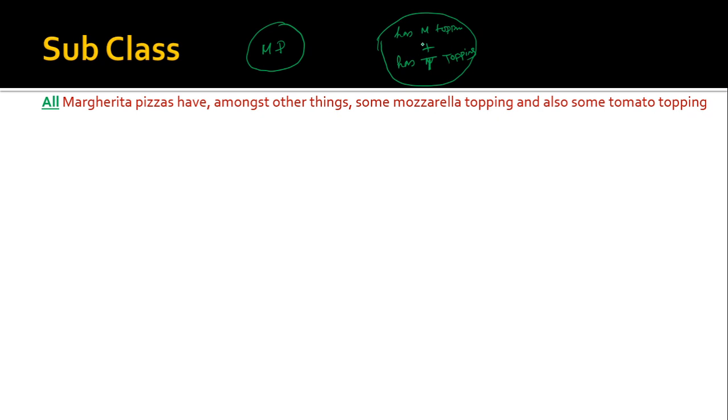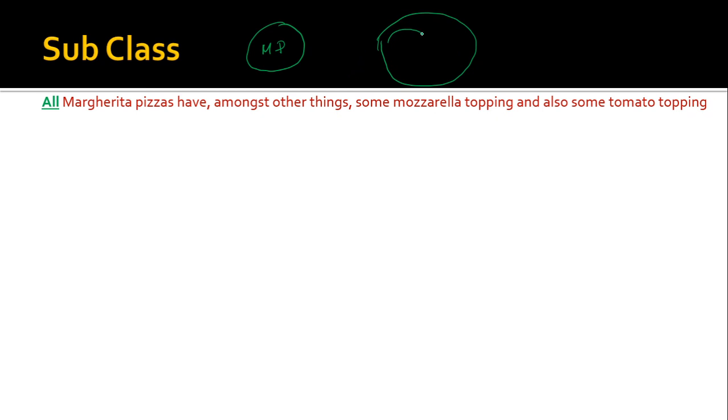Now you can have, say, one sandwich that has mozzarella topping and tomato topping, right? So along with this pizza, the margarita pizza becomes a subset of this. This particular set has the elements that have mozzarella topping as well as tomato topping.